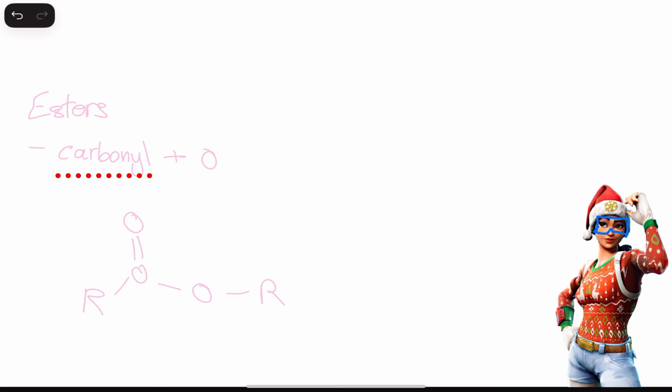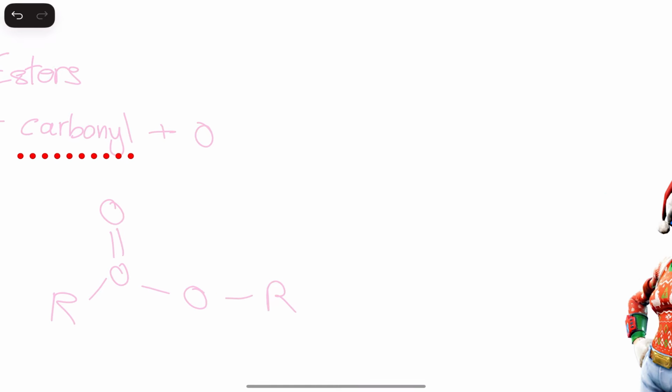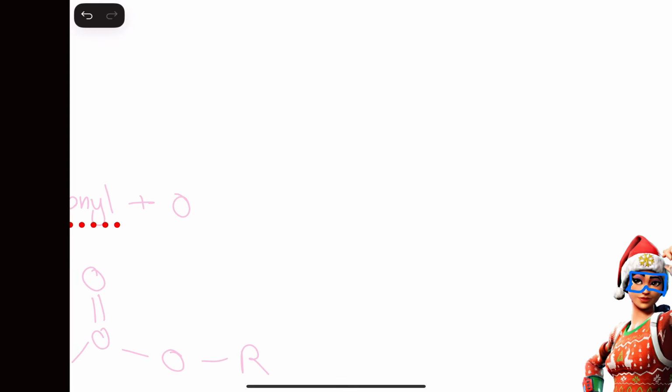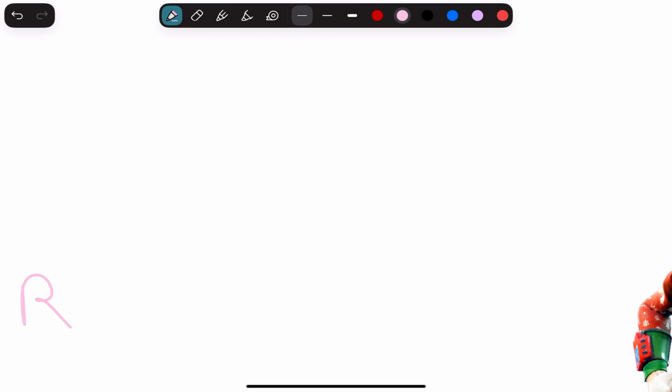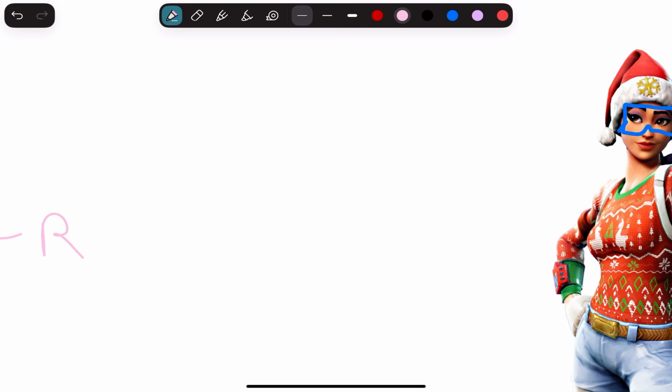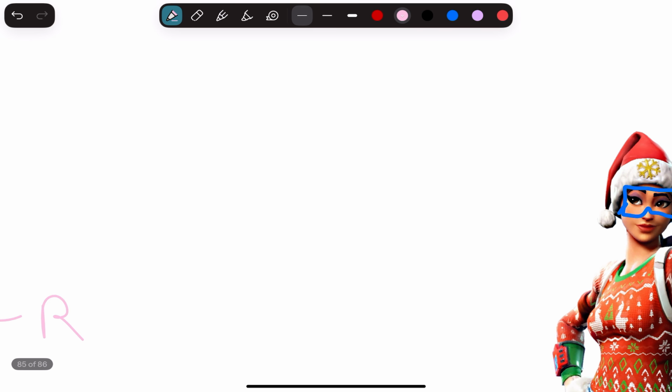So how do we go about naming these esters? The simplest thing we do, like most namings, is... hold on, let's write our example because this one can get a little bit complex. So let's say we have CH3, and then we'll have our ester right here, and that's bound to another CH3.